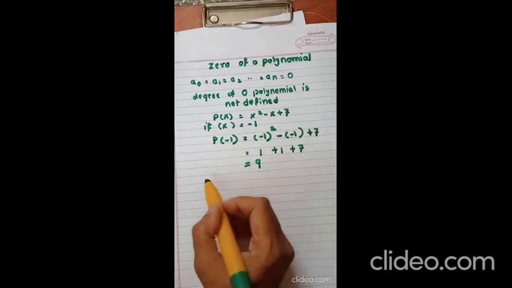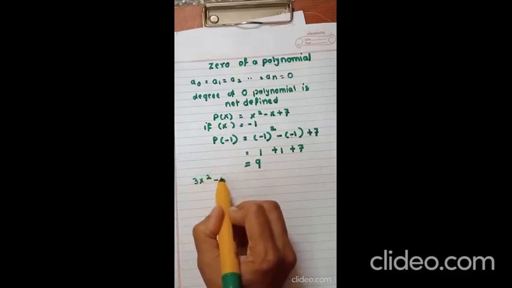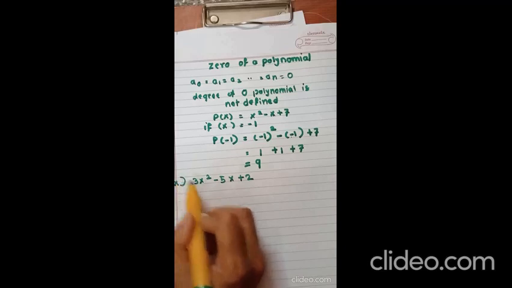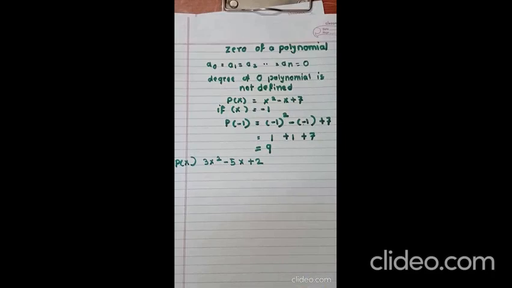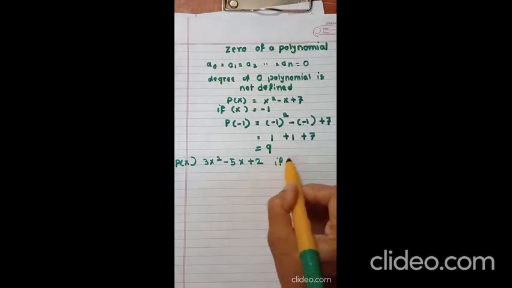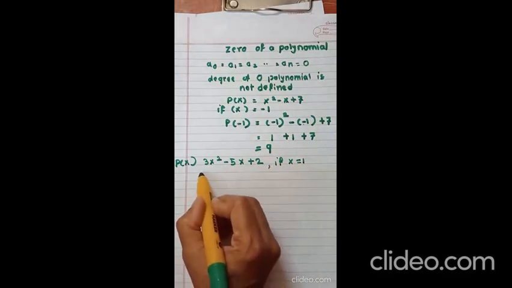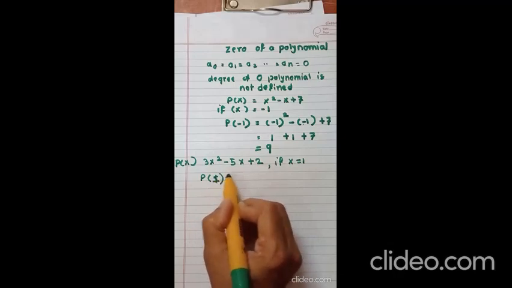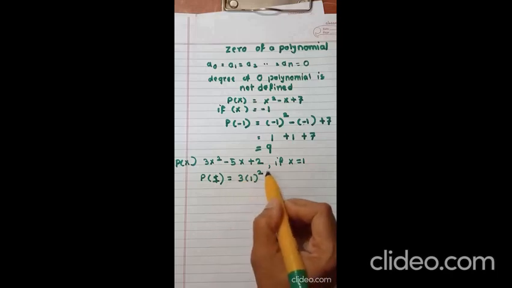So consider the polynomial 3x square minus 5x plus 2. What is the value if x equal to 1? So replace the value and find the answer. p(1) is equal to 3 minus 5 plus 2. Replace x with value 1.